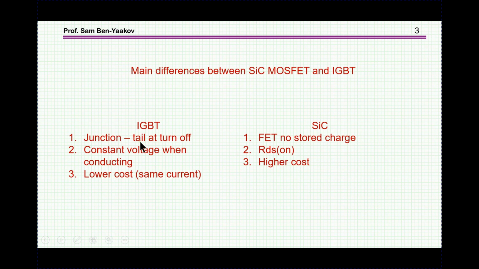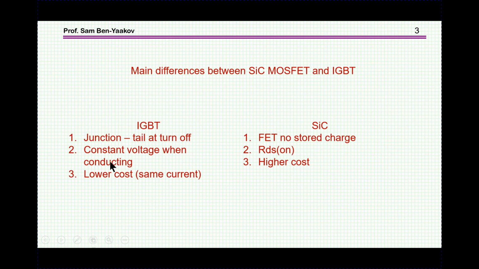That is, the current is not going down immediately. It is sort of dissipating out. So there is a period where there is still current and there is a voltage on the device. Therefore the losses will be higher due to this tail effect.